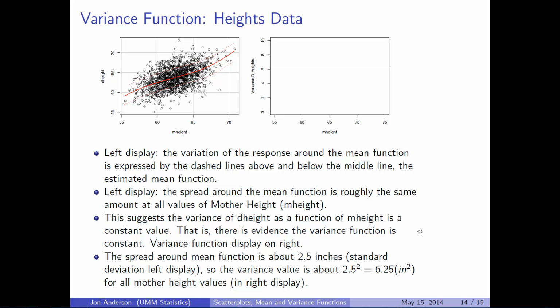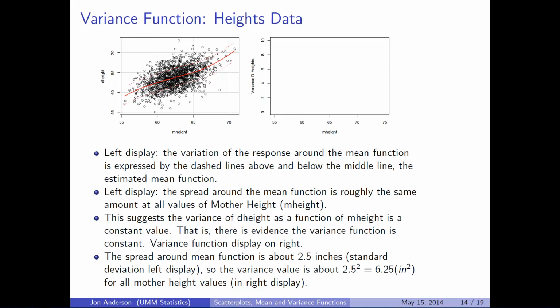And so on this particular overhead, I'm going to connect the scatterplot smoothing with variation bounds to the idea of the variance function. So notice that on the left, as we talked about, the variation in daughters' heights around the mean function looks like it is about the same, no matter what mother's height is. So look up here for tall mothers.